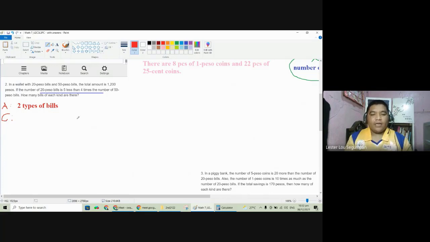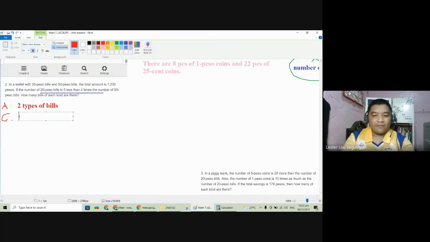Do not be confused when you say 5 less than, and you might think that the number of 20 peso bills is lesser than the number of 50 peso bills. Look at the situation: it is 5 less than 4 times the number of 50 peso bills. In this case, the type of bill which has a lesser number is actually the 50 peso bill.